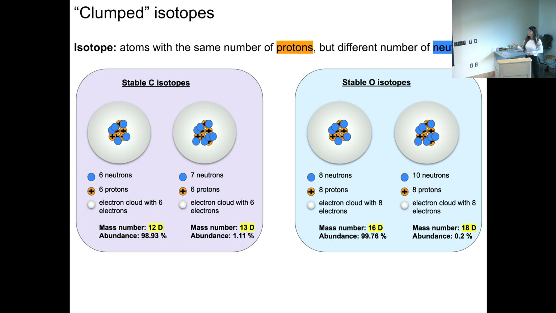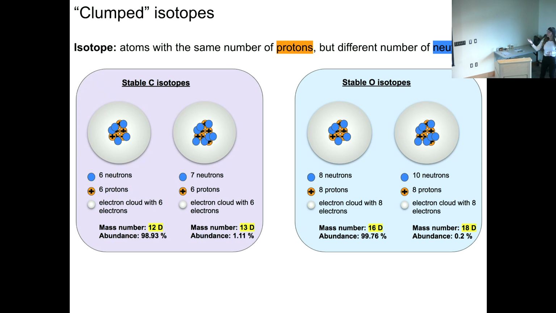Looking specifically at carbon, these are the two carbon isotopes, and they have different numbers of neutrons in their nucleus, and you can see highlighted in yellow there, the one on the far left weighs 12 daltons. A dalton is just a unit of measurement. People are often weighed in pounds, and atoms are so tiny that they are often weighed in what are called daltons.